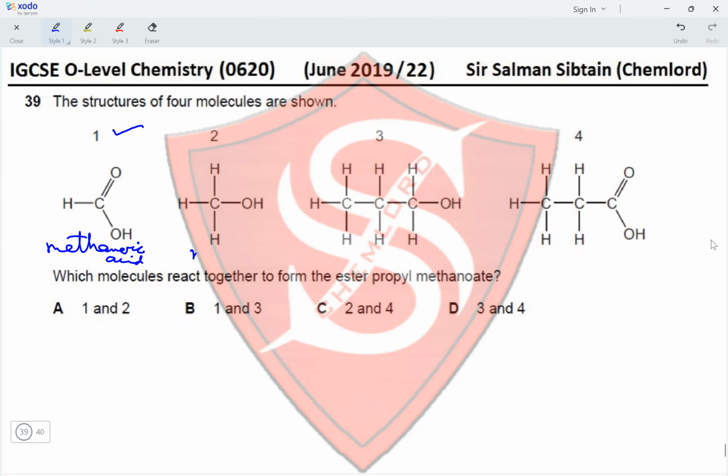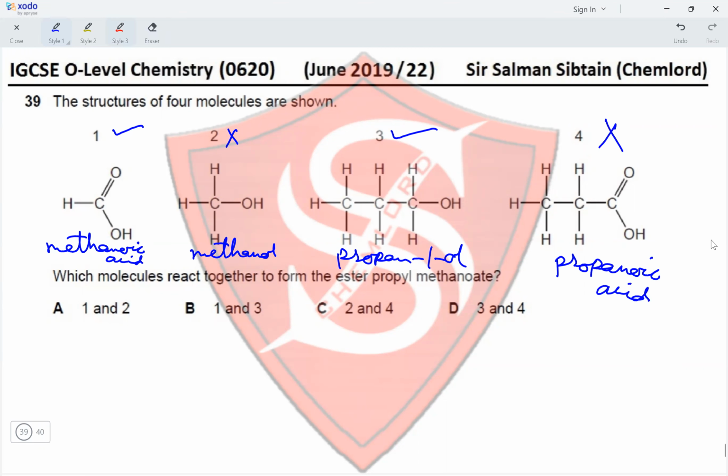Structure 2 is methanol. This is not required. Structure 3 is propan-1-ol. This is required. Structure 4 is propanoic acid. This is not required. Since we require only structures 1 and 3, this makes option B the correct option for this question.